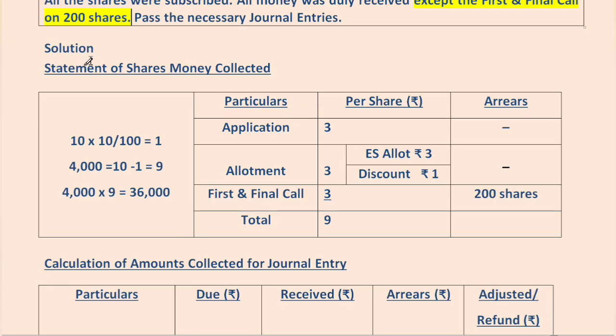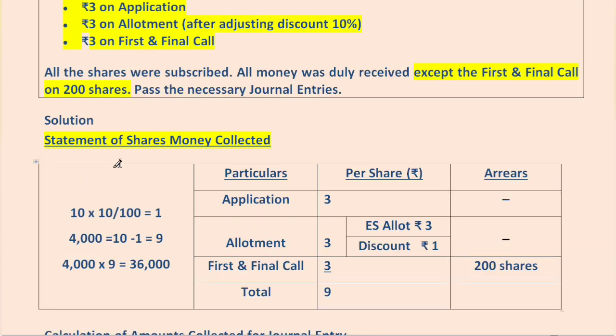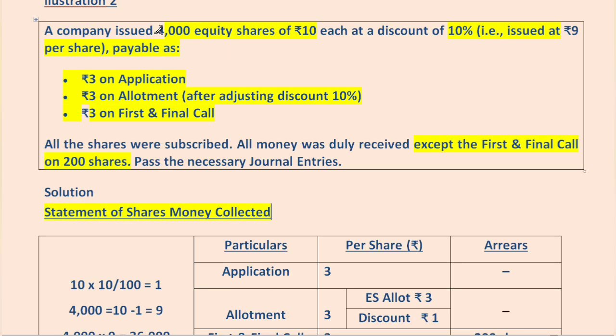Okay, first statement is statement of share money collected, right? It is for our reference. See, first we need to calculate how much amount is discount. They have issued 4,000 shares.